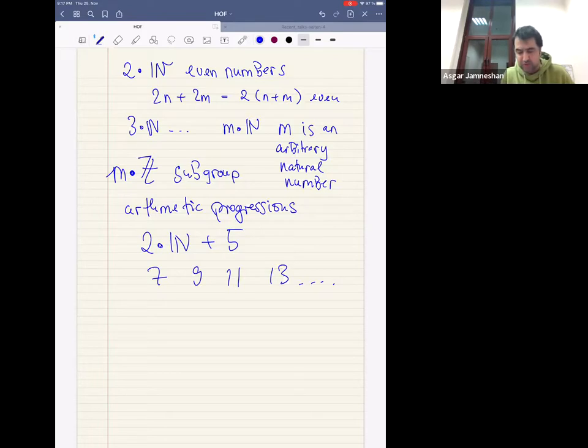So we add 5 to each even number. Now, of course, two numbers of this form, say 2n plus 5 and 2m plus 5, if you add them together, will not again be a number of this form. So this is not a subgroup-like or sub-semigroup-like object, but still it has some arithmetic structure, because the difference between each two elements is an even number.